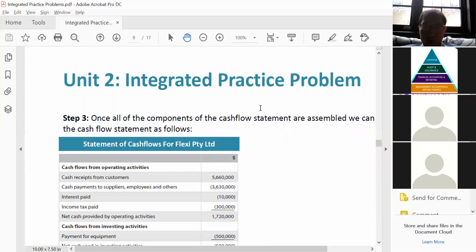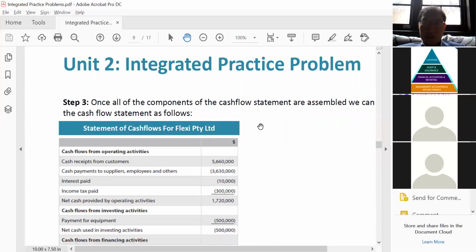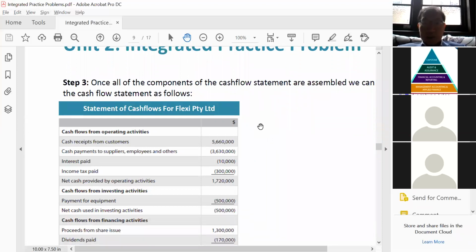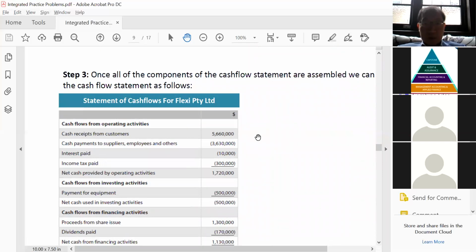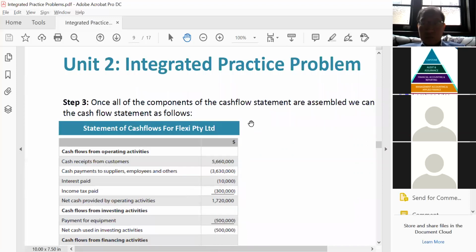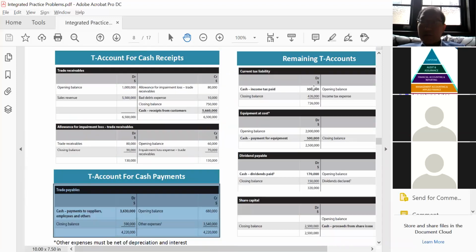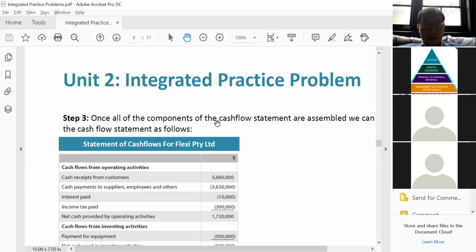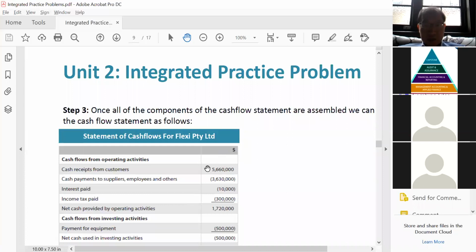So by doing all of these T accounts, we have implicitly derived each of the major categories of cash inflows and outflows across operating, investing, and financing activities. So again, you can see that the income tax paid, this 300,000, is effectively related to this number here, 300,000.